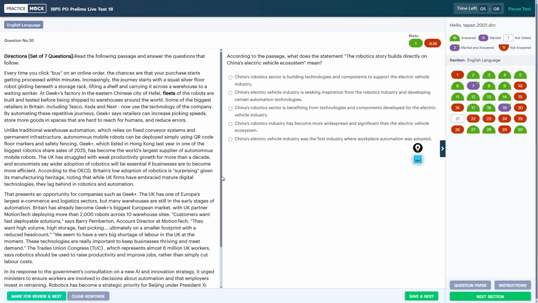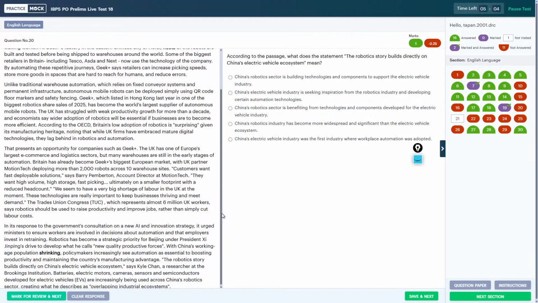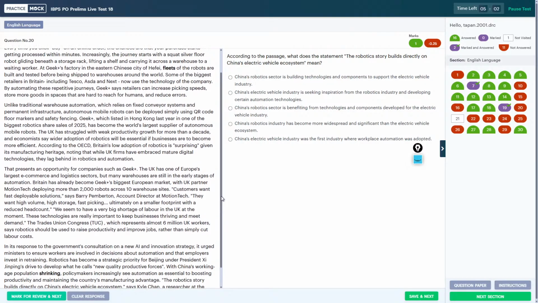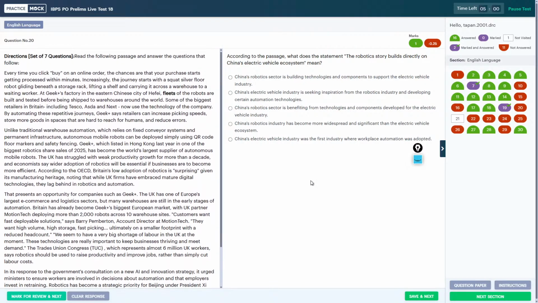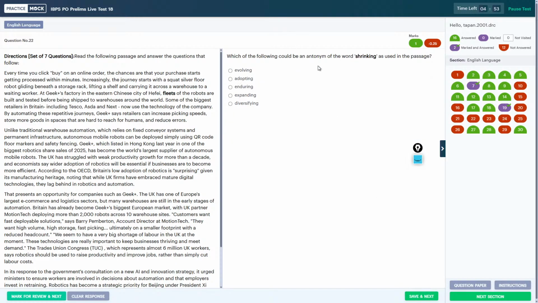Antonym of shrinking: expanding. Fleets. So fleets of robots, so groups.